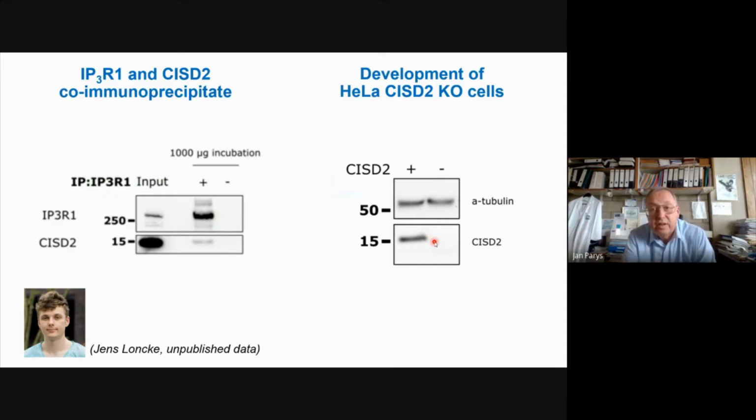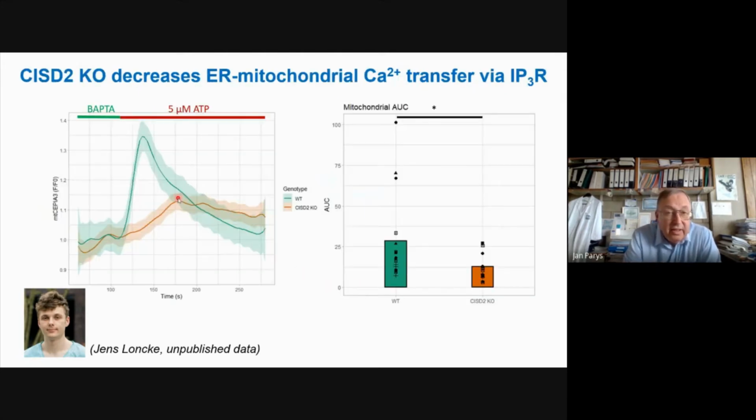And now he is studying how CISD2 affects IP3-induced calcium release, and here it's with a mitochondrial calcium sensor, so we are directly looking at mitochondrial calcium. You can see while ATP stimulates calcium uptake into mitochondria, this is the green trace, in the CISD2 knockout cells, uptake is much lower. So CISD2 works at the level of the ER mitochondrial contact sites and affects calcium transfer by the IP3 receptor.